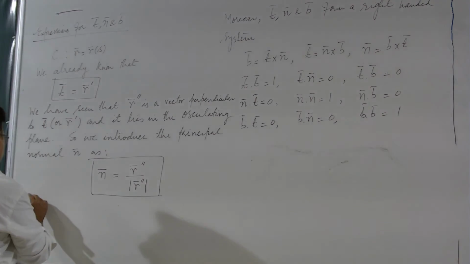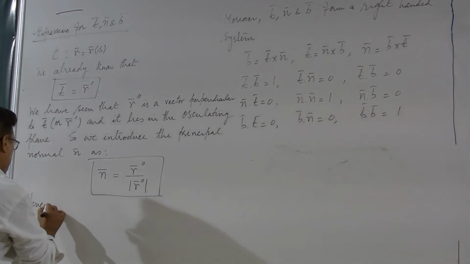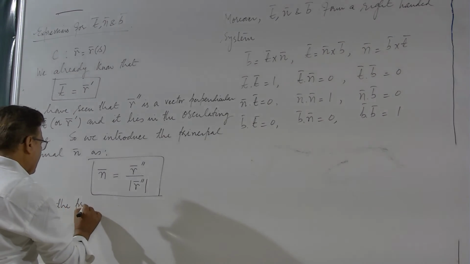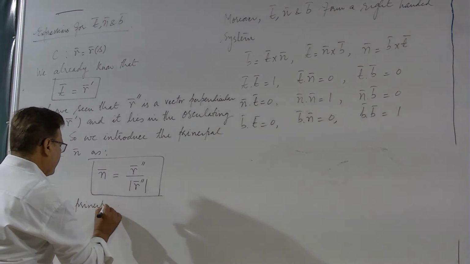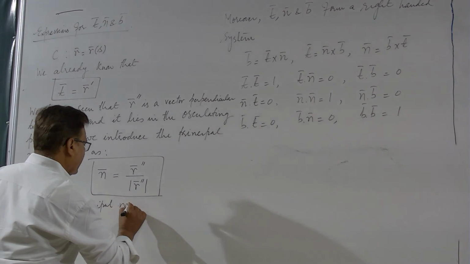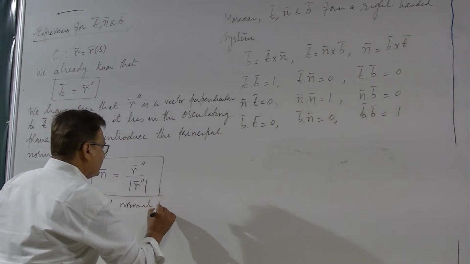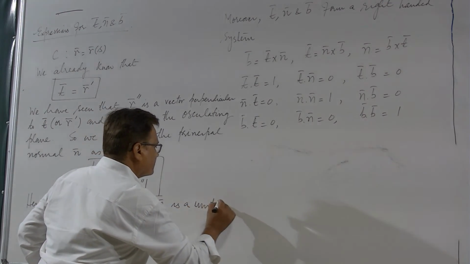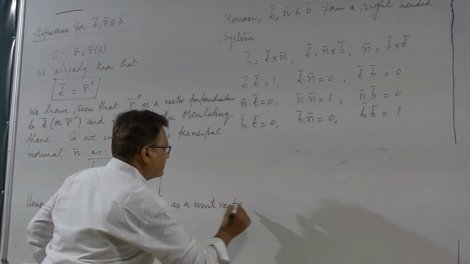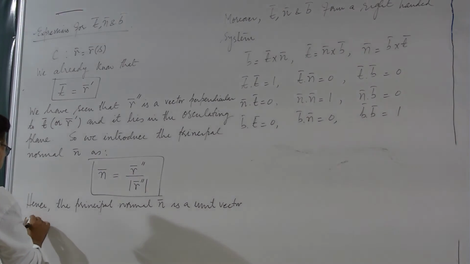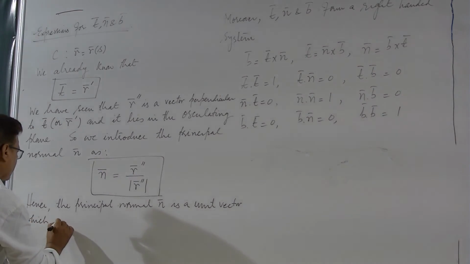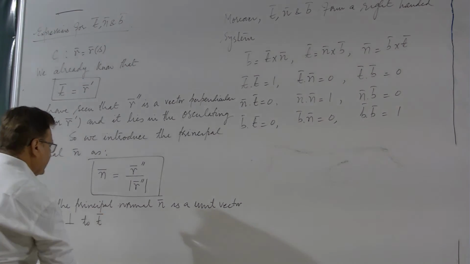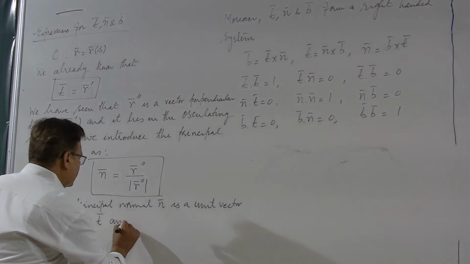Hence, the principal normal N is a unit vector which is perpendicular to T, T means the unit tangent, and it lies in the osculating plane.